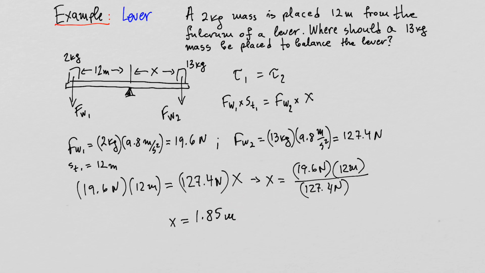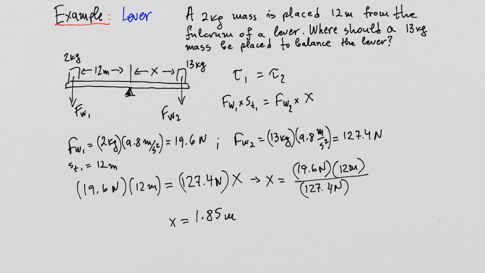So in this problem I used the second condition for equilibrium, which was that the sum of all clockwise torques is equal to the sum of all counterclockwise torques. In this particular example, there is only one clockwise torque, and that is the torque due to the weight of the 13 kilogram mass, which tends to rotate the lever in the clockwise direction.